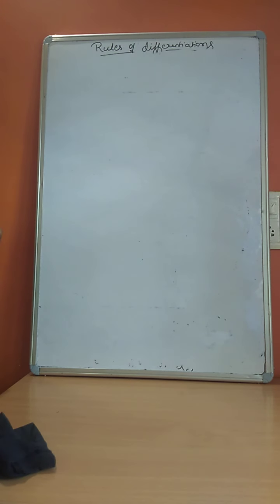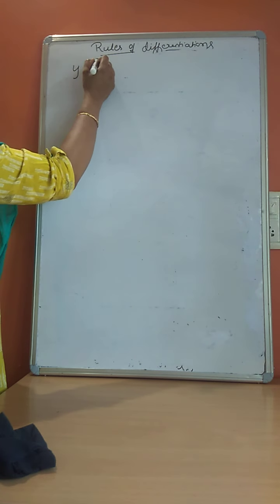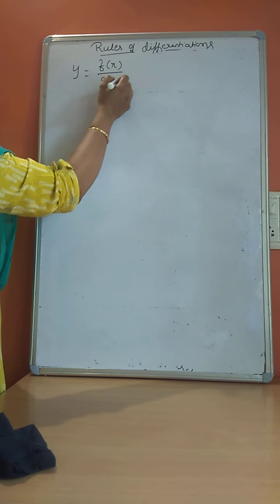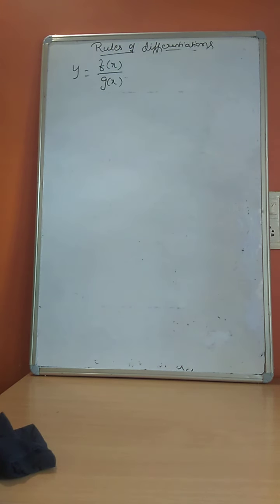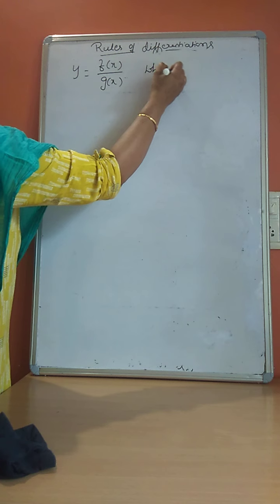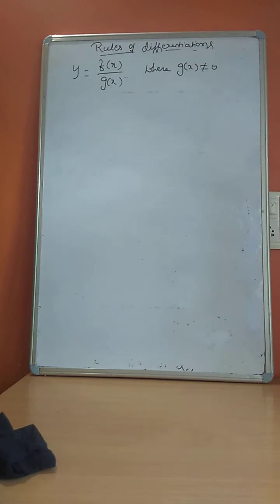Okay, now we can go for the fourth rule. Y is equal to f of x by g of x, that is, if y is equal to f of x by g of x, where g of x is not equal to 0.